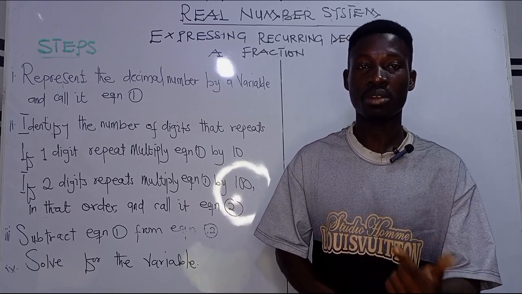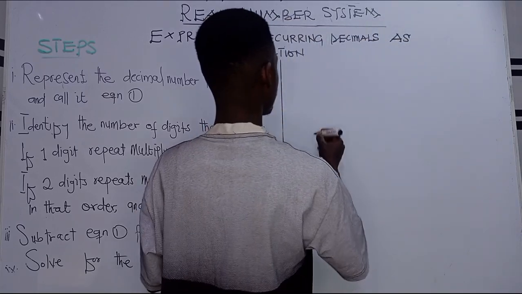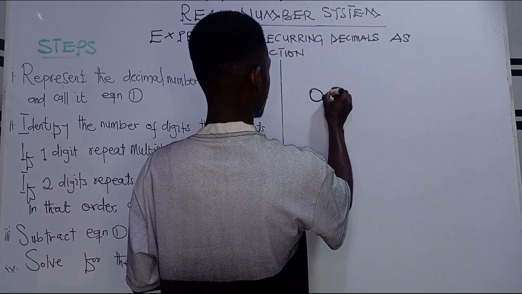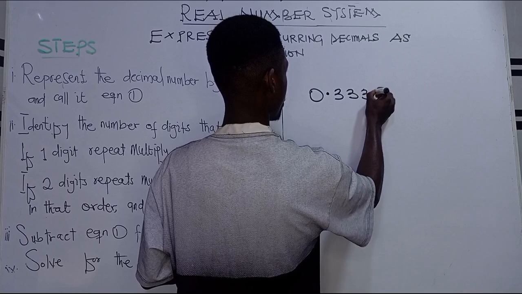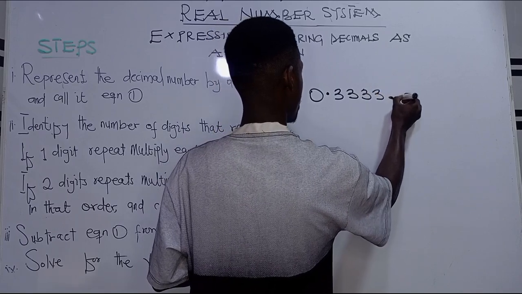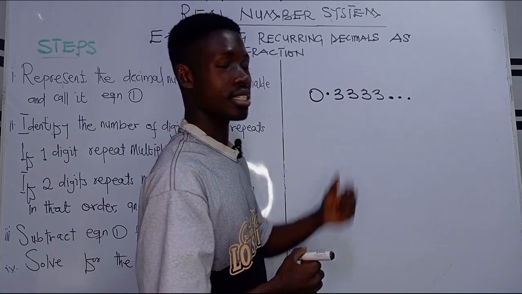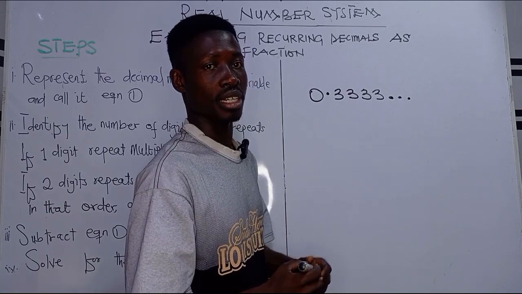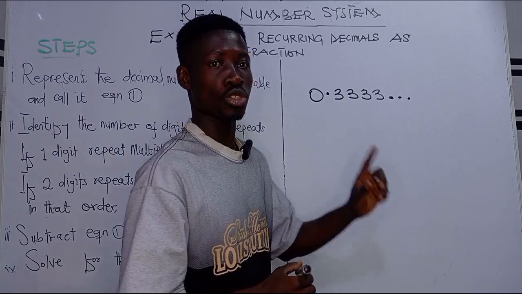Examples of recurring or repeating decimals are 0.3333 up to infinity. We said that this is a recurring decimal. We also learned how to rewrite it in a short form.